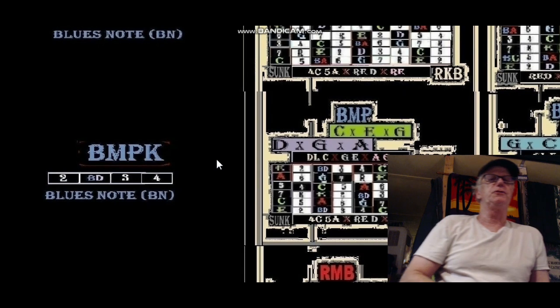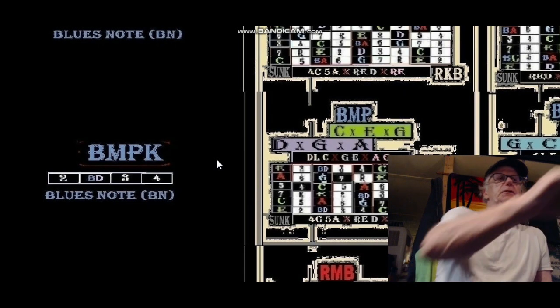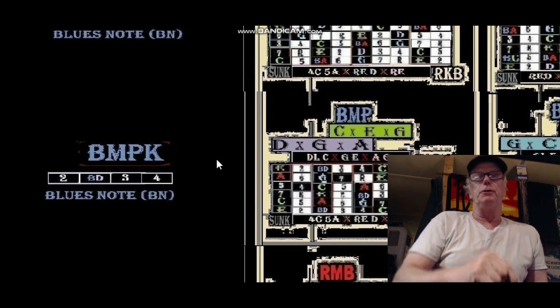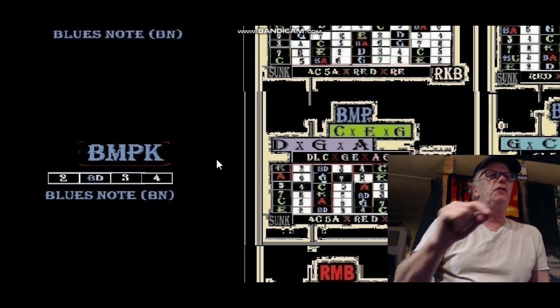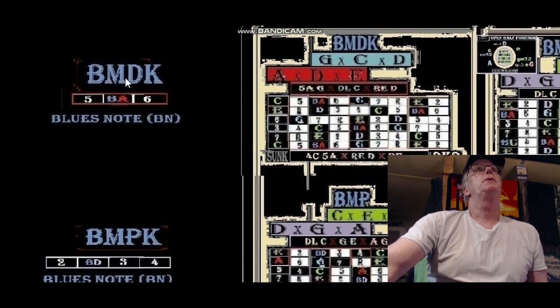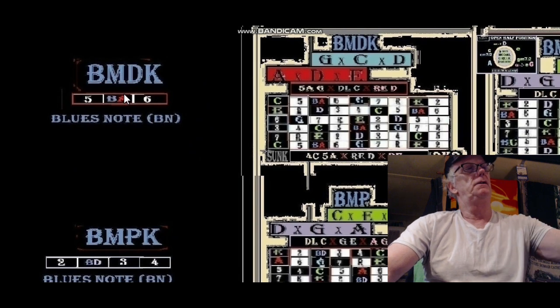So relative to the root key of the blues, now the blues note, instead of falling between 4 and 5, falls between 5 and 6 with the Blues Magic diatonic key.